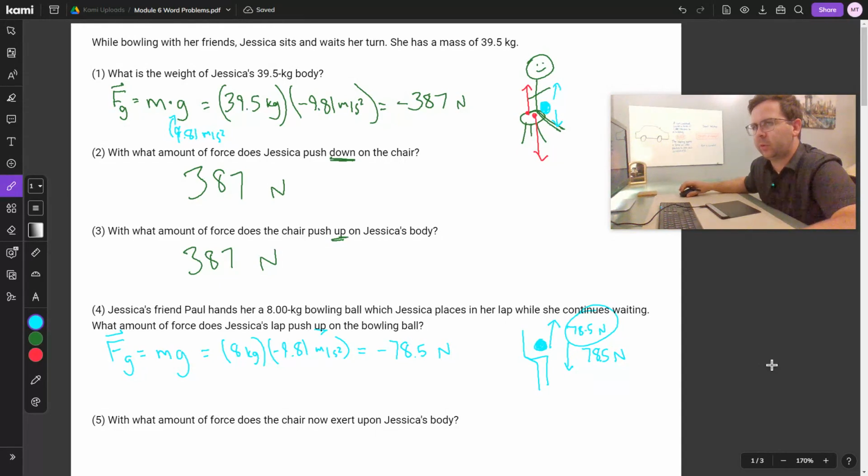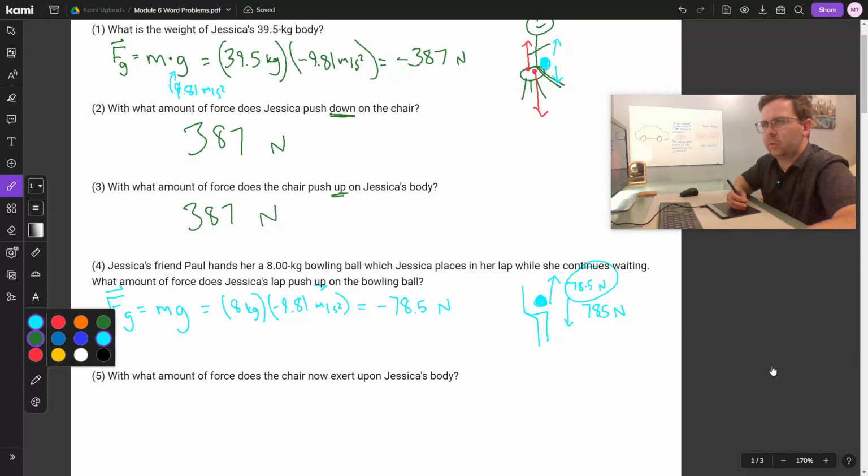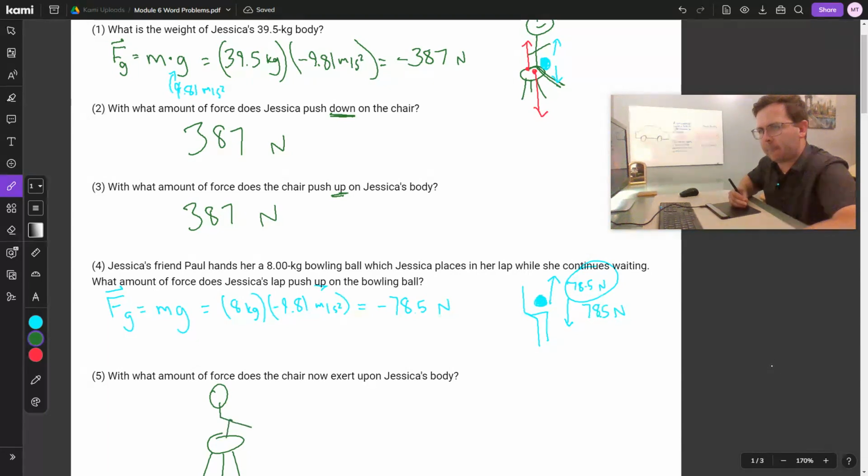All right, now the last question is where we kind of put everything together. It says, with what amount of force does the chair now exert upon Jessica's body? So now the chair is pushing back on two objects. It's pushing back on Jessica and the ball. So excuse the bad picture here.